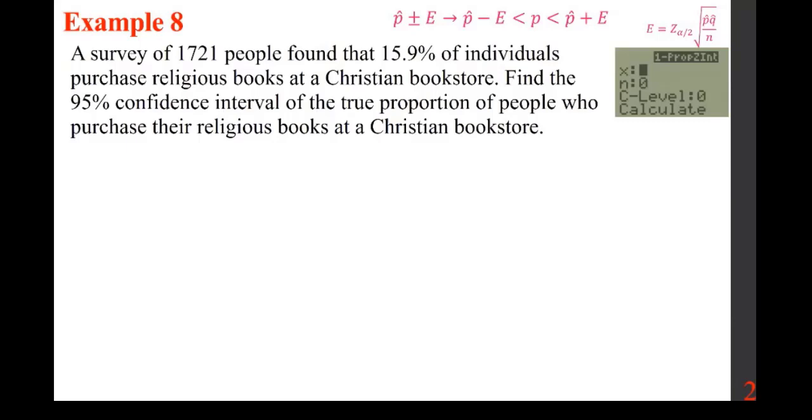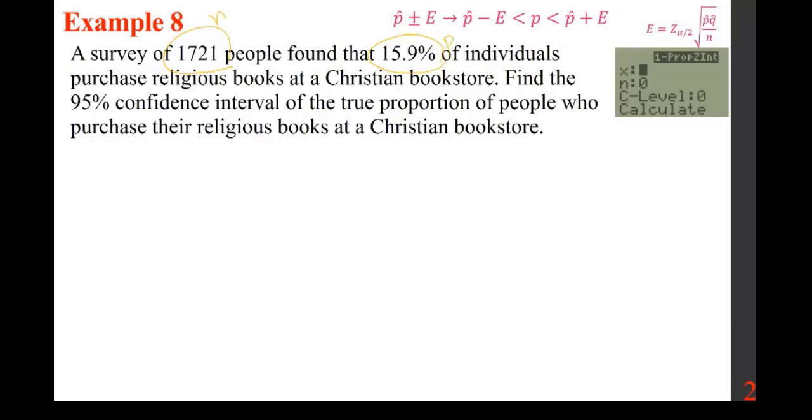Let's see what's happening. Again, it's important to see and read and understand what's given symbolically. So the very first number is what? 1721. What is that? N. Everybody? That's n. 15.9% is the next number I see. What is that 15.9%?